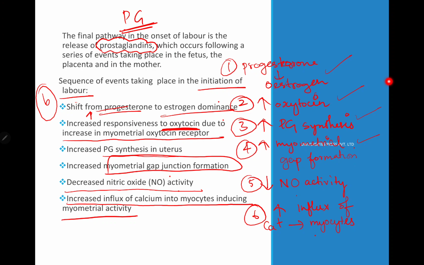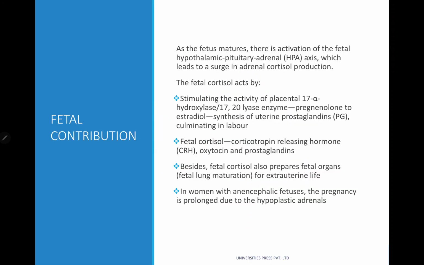But nitric oxide activity should decrease. Remember, for initiation of labor, everything should be increased, except nitric oxide. Nitric oxide activity alone should be decreased, and because of the increased influx of calcium into the myocytes, the myometrium will be stimulated for contractions. That's why the myometrium is the very important muscle taking part in the labor process.